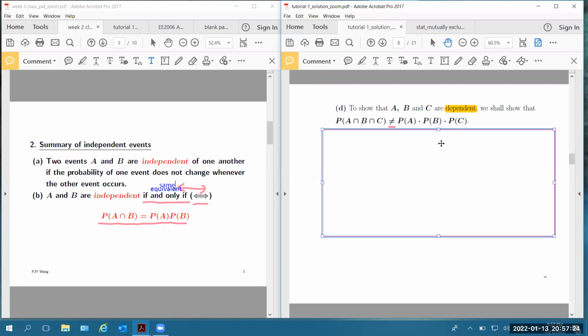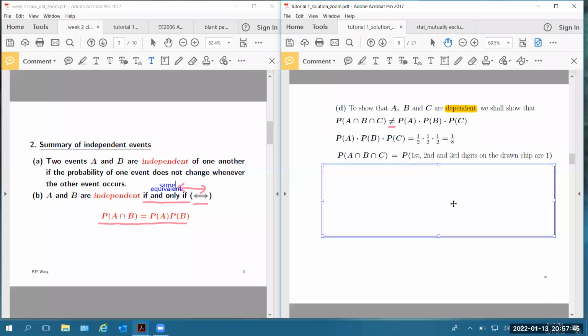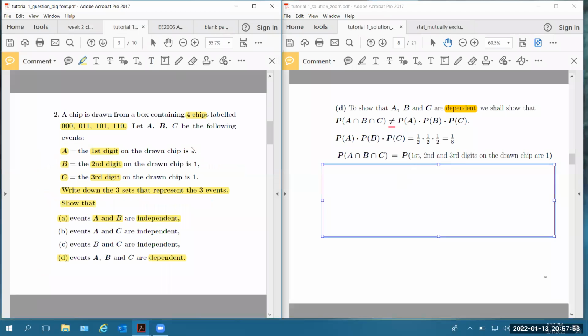So let's find the left-hand side and the right-hand side. I think we do the right-hand side first because we already know the probability of A, probability of B, probability of C. Just now we found them already. Okay, let's find the left-hand side, the probability of A and B and C. Let me go to the question.